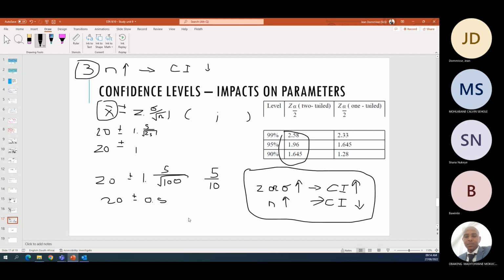So I've seen in a previous exam where they said keep everything the same, but you've got a 90, 95, and a 99 confidence level. What will that have an impact on your confidence interval?